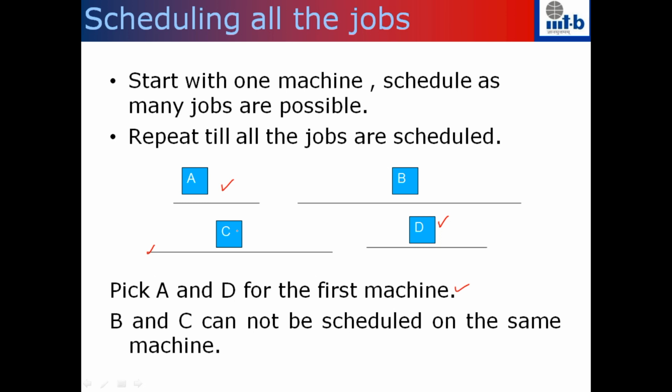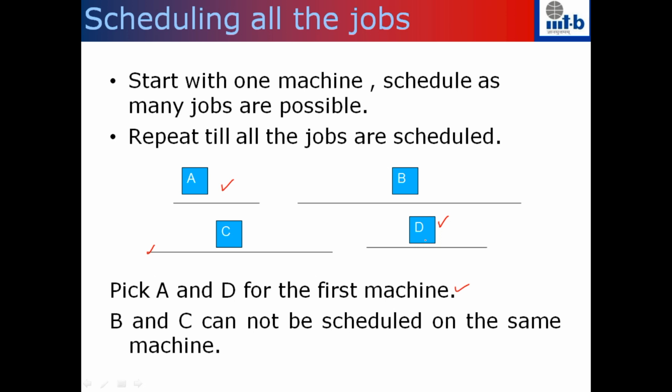The first machine gets C and the second machine gets A. Then we'll consider B. B cannot be scheduled on the first machine, but it can be scheduled on the second machine because it doesn't conflict with A. So I'll put it on the second machine. Then the next job that comes is D, which can go into the first machine along with C.